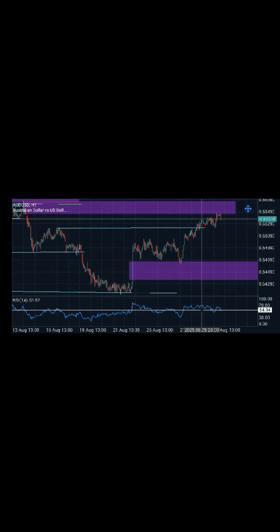So on the market open on Monday, I may want to see what type of reaction it will give on this 1 hour, 4 hour order block here, though I'm on the 1 hour. And also bear in mind that on Monday, most of the banks that trade the US dollar will be on holiday.